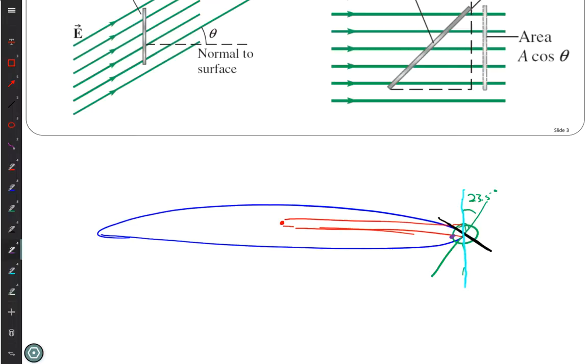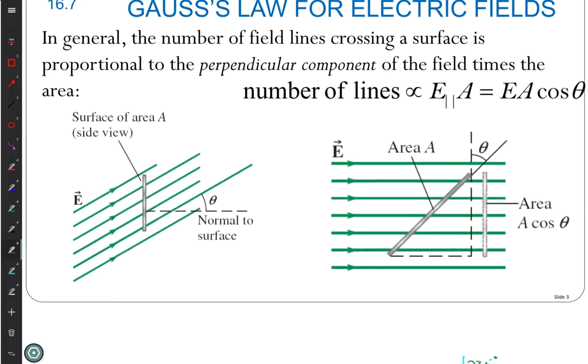Since it's not perfectly clear, I'm actually going to draw another picture. Well, actually, this picture is perfect for that. If this same object here was oriented like this, it would look like more area to the sunlight because of the angle.